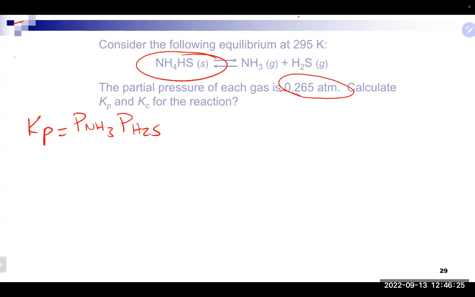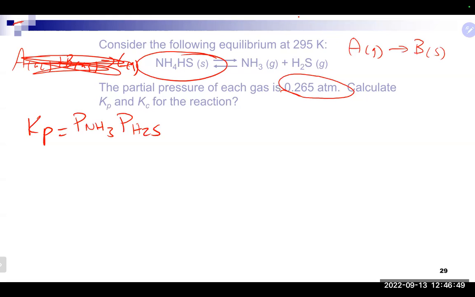By the way, if we had something like this, actually, heading both directions, how would we write the equilibrium expression for it?